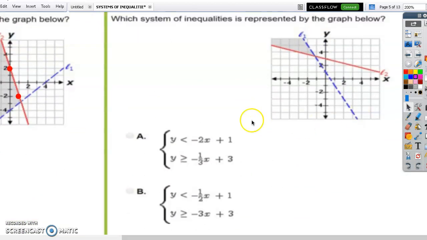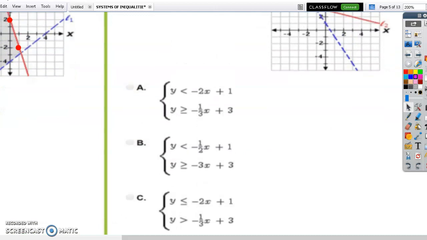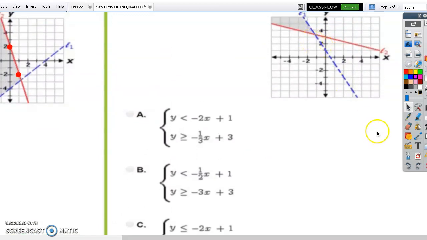I'm just going to make the assumption and quickly check it that our blue line, it says line 1, so that should probably be my first line. Our y-intercept is 1, y-intercept is 1. So our first inequality for A, B, C, and D is going to be our blue line first, our red line second.